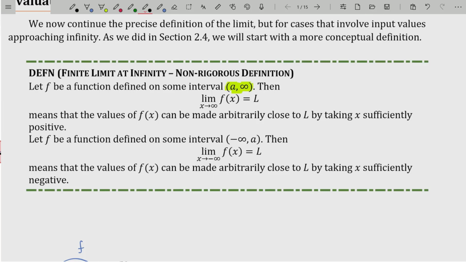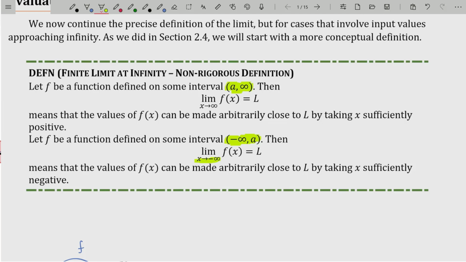There is a secondary piece to this because not all x values run to infinity. They might run to negative infinity. And so the other half of this is just saying, what if instead our function was defined on negative infinity to a, and we allowed x to wander off to negative infinity?